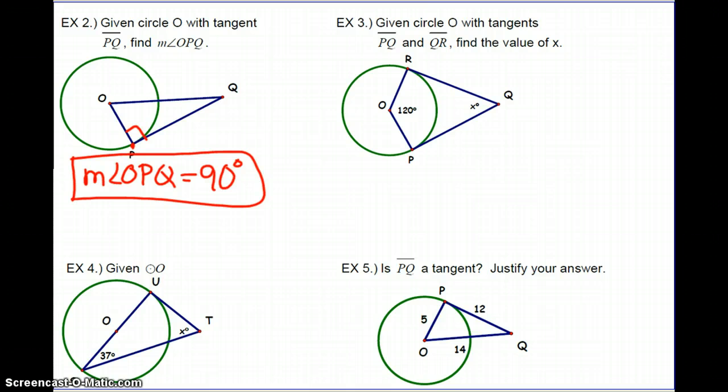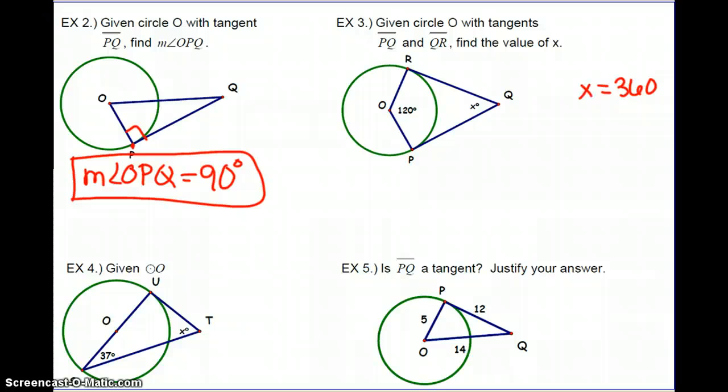Example 3. Given circle O with tangents PQ and QR, find the value of x. Pause this video, solve for x for example 3, and write an equation. Now that you've finished example 3, we know that this blue figure, ORQP, is a quadrilateral. All the angles in a quadrilateral have to add up to 360 degrees.